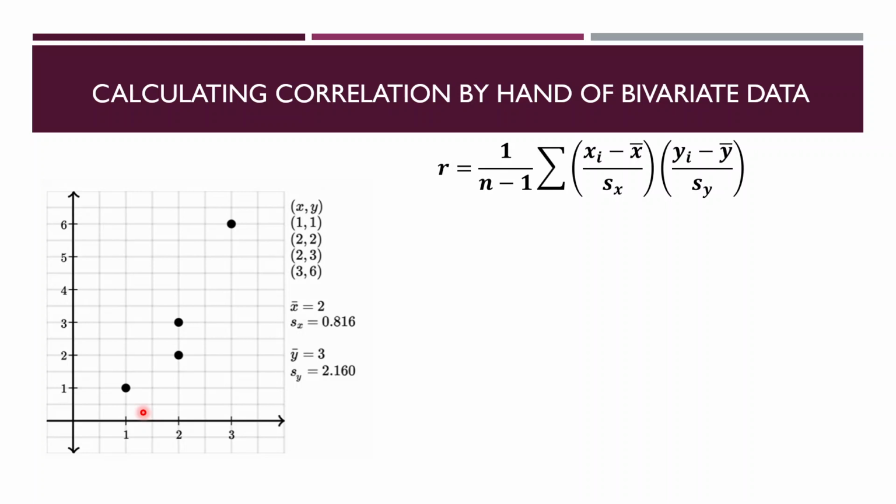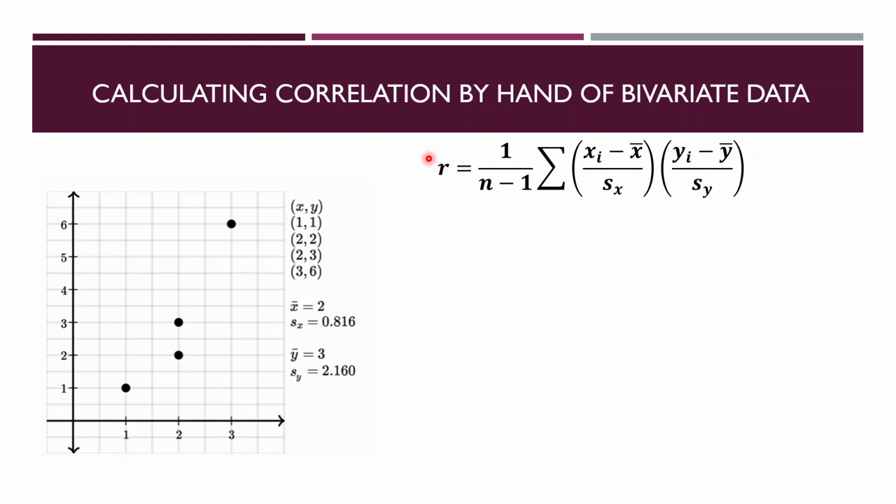So instead of drawing the graph, we can use calculations, and using our knowledge of correlation we can find if it's positive strong, positive weak, negative strong, negative weak, or no correlation at all. It's only four data points here, but what if you're dealing with hundreds of data, or even just 10? That's a hassle to draw the graph. So that's where we do the calculation.